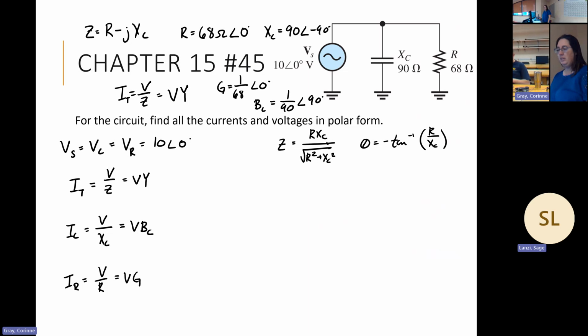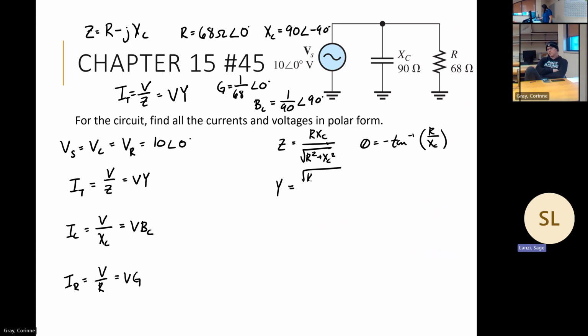I didn't show them in class, but technically we have equations for Y as well, and we just flip it all. Y would be the magnitude of the top and the multiplication on the bottom. And then for the angle, it's just the positive R over XC. So you get to decide which one you want to do here. You should get the same results regardless.